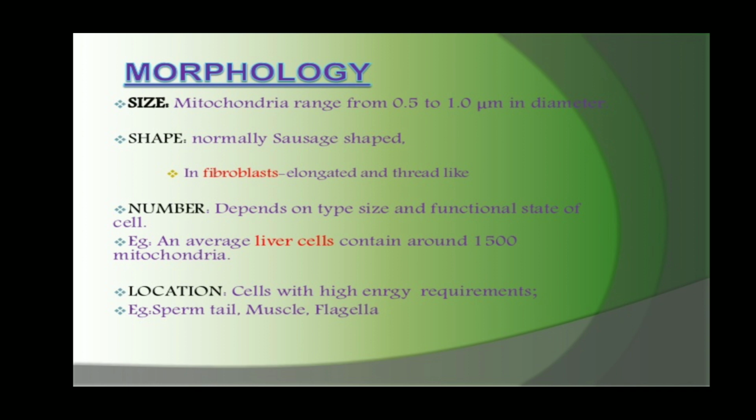They perform different kinds of functions, so they need more energy, and thus the number of mitochondria in the liver cells is also higher. Where is this mitochondria located, right? The cells with high energy requirements will have them. For example, the sperm tail, the muscles, as well as the flagella have mitochondria because of the mobility, because of the continuous metabolic activities.